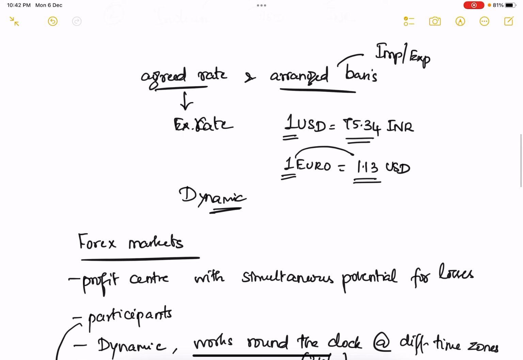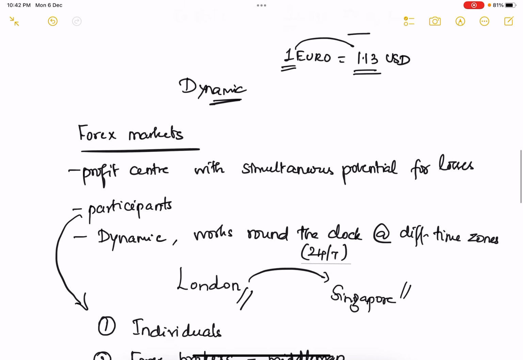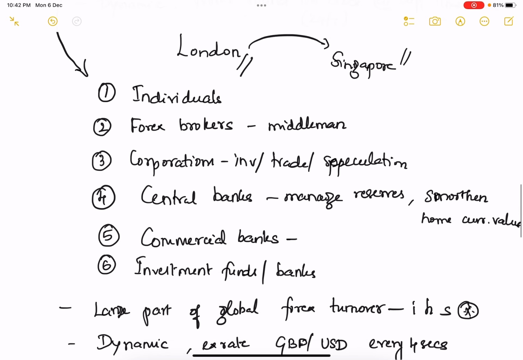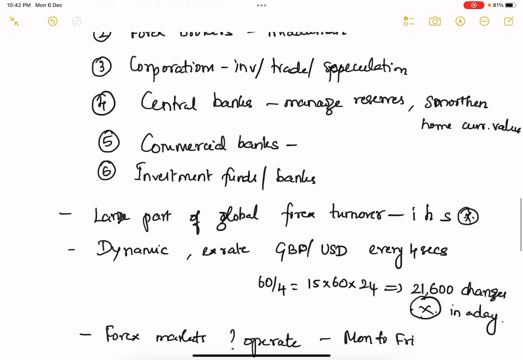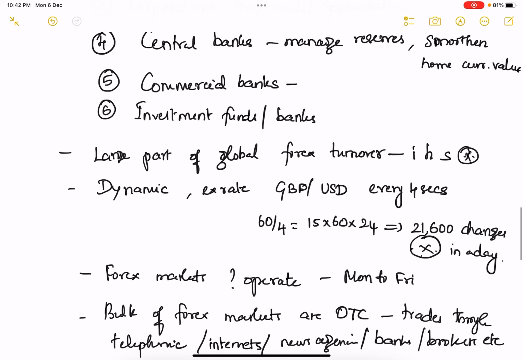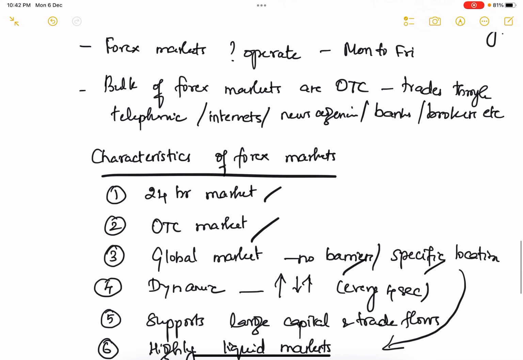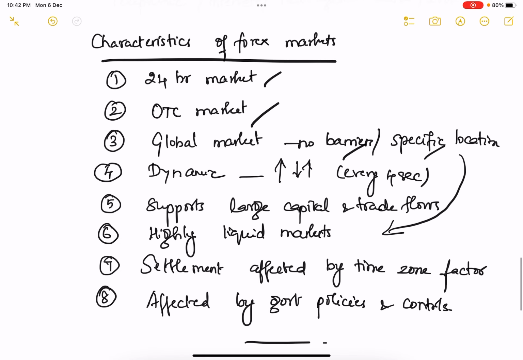And it works on agreed rate and arranged basis. An example for that, it is dynamic in nature. And what are foreign exchange markets? Who are the participants in foreign exchange market? And how is it dynamic in nature? And when does it operate? And what is over the counter? And we have seen the 8 different characteristics of foreign exchange markets.